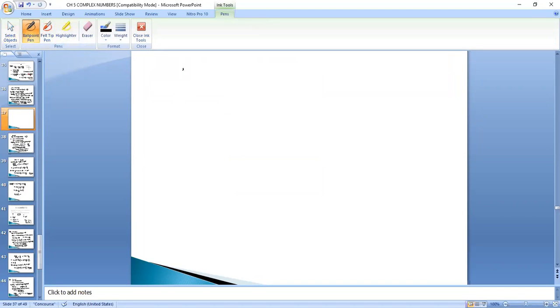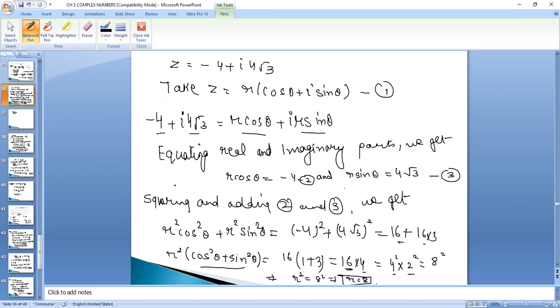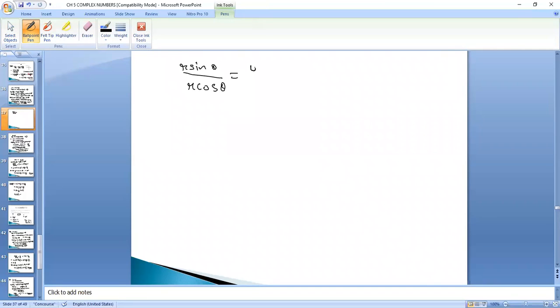So R sin theta upon R cos theta will be tan theta. R sin theta is 4 root 3. R cos theta is minus 4. 4 root 3 upon minus 4. 4, 4 cancel. It is minus root 3.